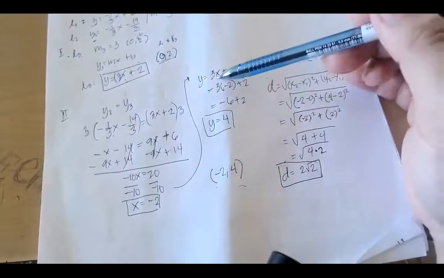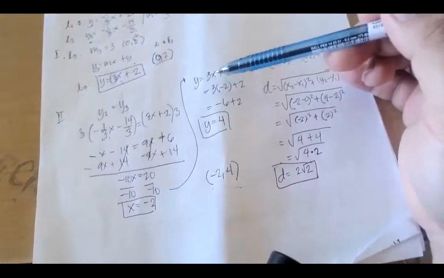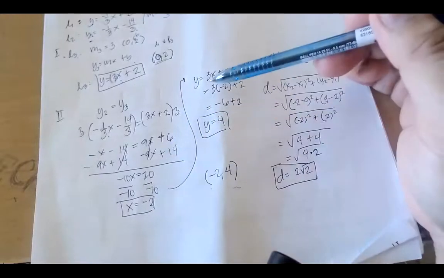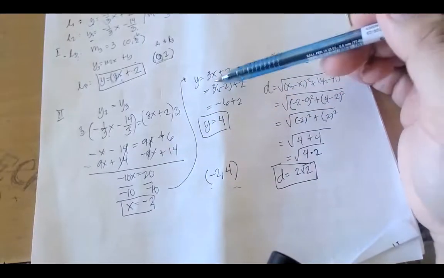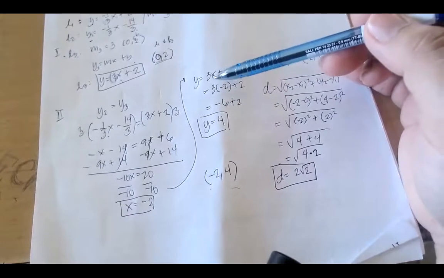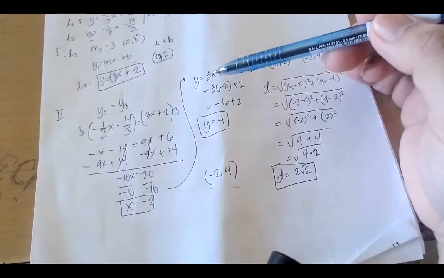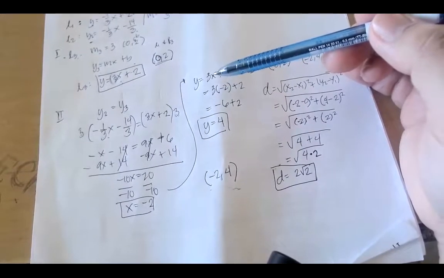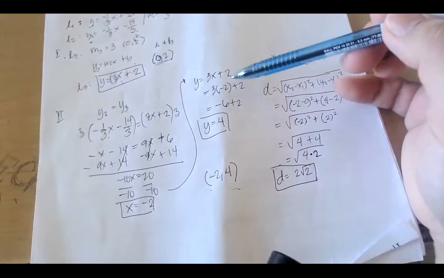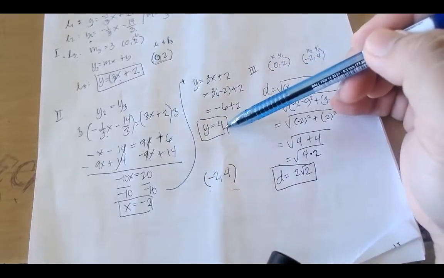So we choose to replace it in the third equation. It will give you the same y. If this is correct, it will give you the same y whether you choose the third or the second equation. So that gives us y equals 3 times negative 2 plus 2, negative 6 plus 2, which is negative 4.